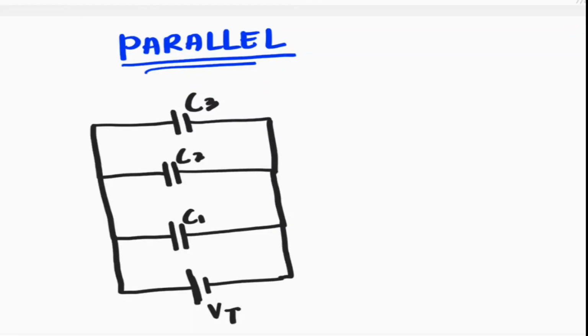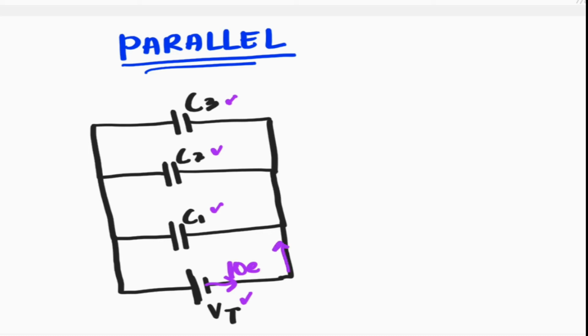Now what will happen when the capacitors are connected in parallel? C1, C2 and C3 are connected to the power supply. Let's say 10 electrons move in the circuit.